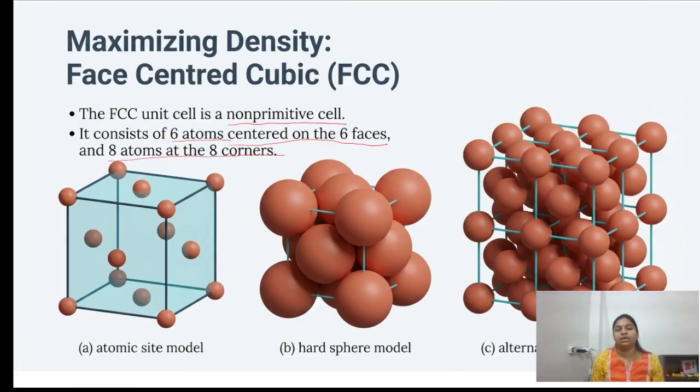We shall now determine the characteristics of the face-centered cubic structure. As we mentioned in the earlier lectures for the body-centered and simple cubic structures, we shall consider the hard sphere model. This left panel image is the atomic site model, and this is the alternating atomic layers for this FCC structure. So first we will find out the number of atoms per unit cell.